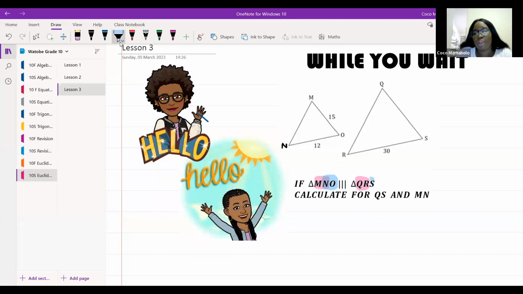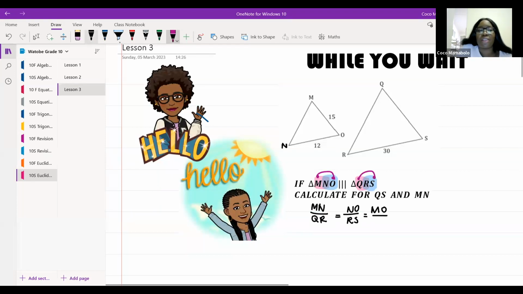RS. So we're on to something. Right. So I can go MN over QR needs to be equal to NO over RS. Can you give me the last? Remember, the last is going to be the first and the last. So I'm going to go MO over QS. Beautiful.